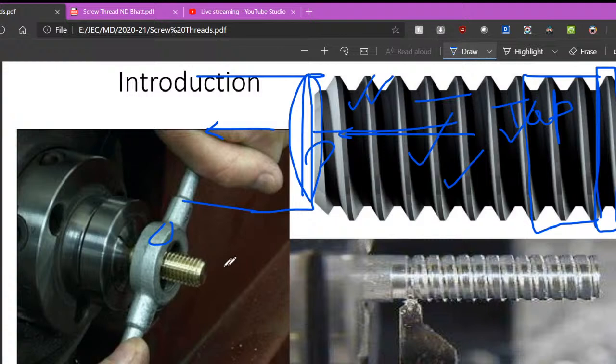Instead of adjusting, we will change, because there are standard tap tools, standard sizes. We cannot adjust this. So we have to change the whole tap for different sizes.